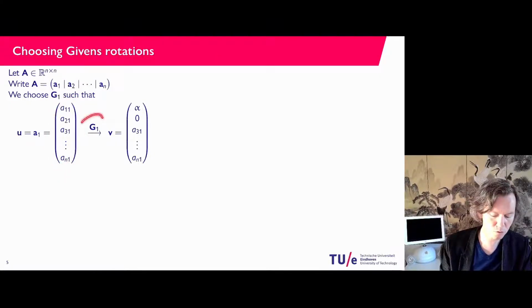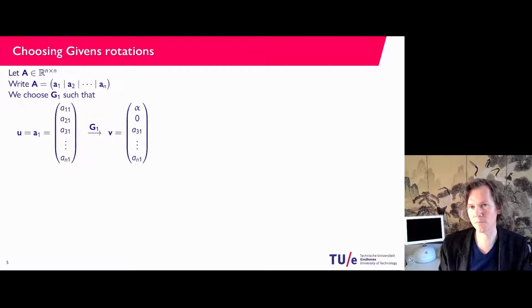And I'm going to use a Givens rotation G1 to get to V, and for V the requirement is that I would like to have a 0 here, and I'm not going to touch all these entries, so they just stay the same. But V needs to have the same length as U, because it's an orthogonal transformation that preserves the 2-norm, that preserves the normal Euclidean length.